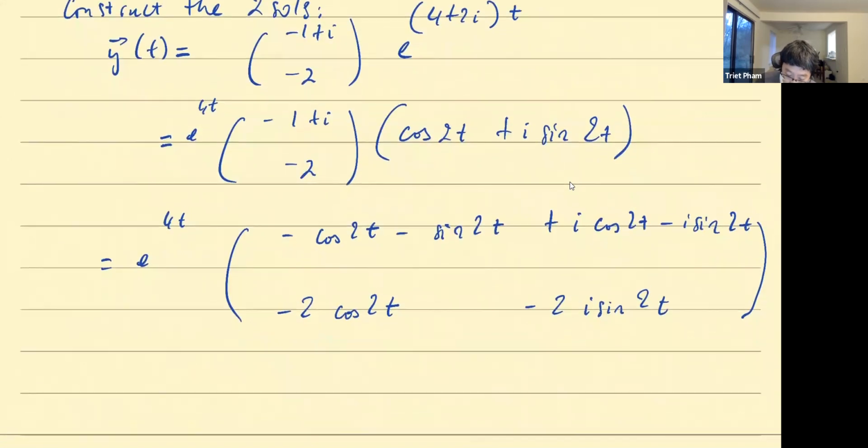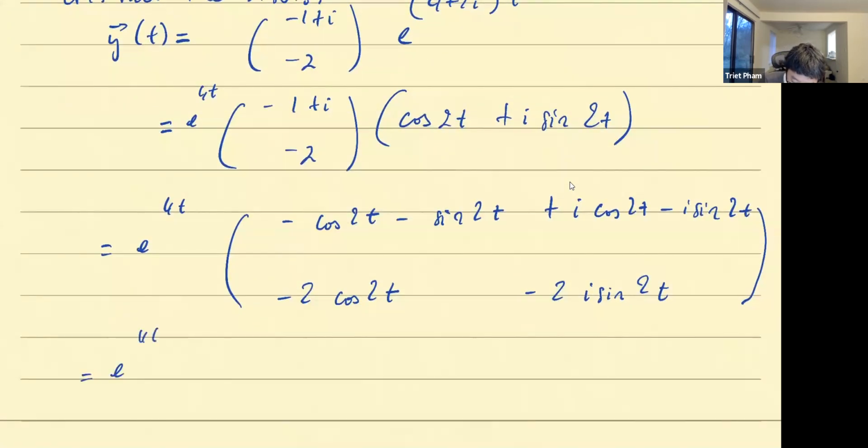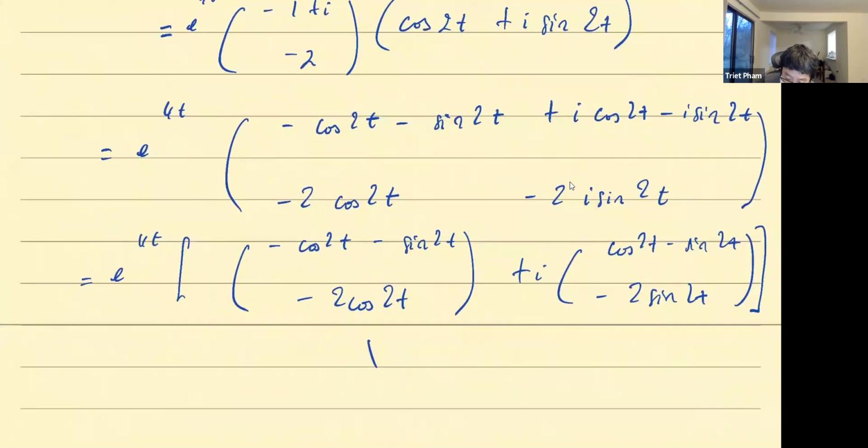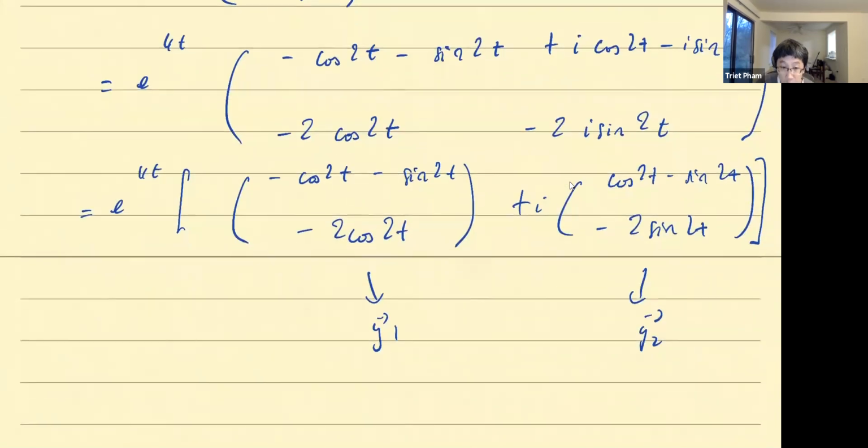Now you separate the real part and the imaginary part. Minus cosine 2t minus sine 2t, minus 2 cosine 2t. And i times cosine 2t minus sine 2t, minus 2 sine 2t. So this will be your y1, and this will be your y2. Some cosmetic change is fine.